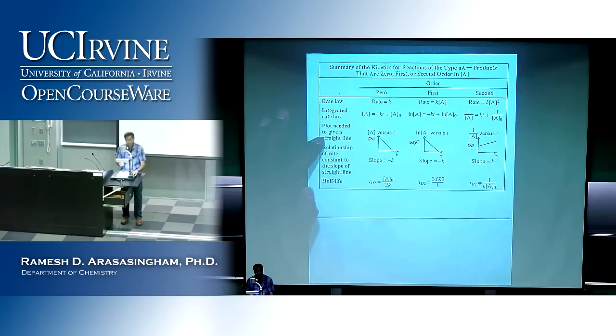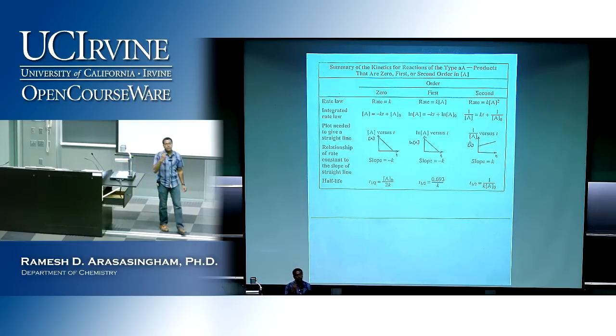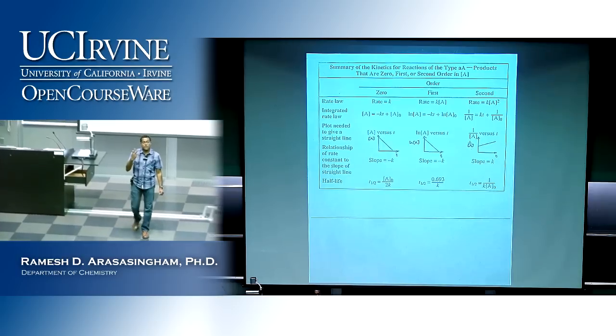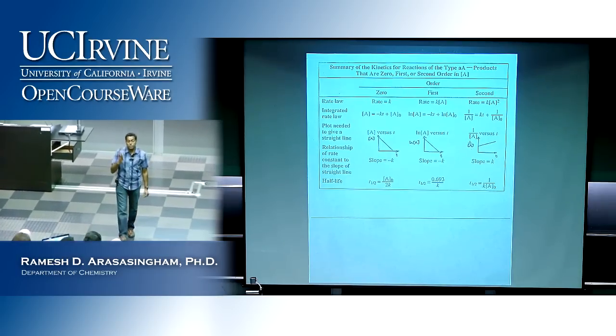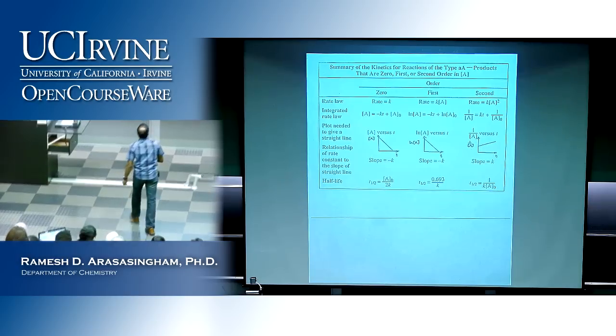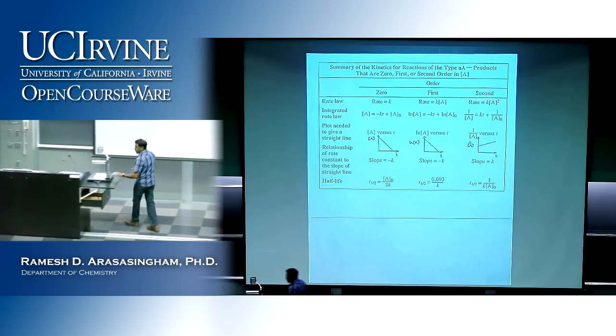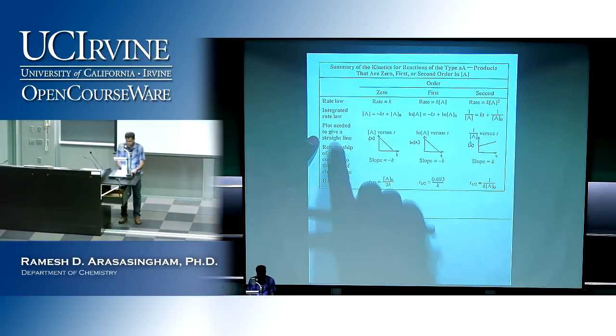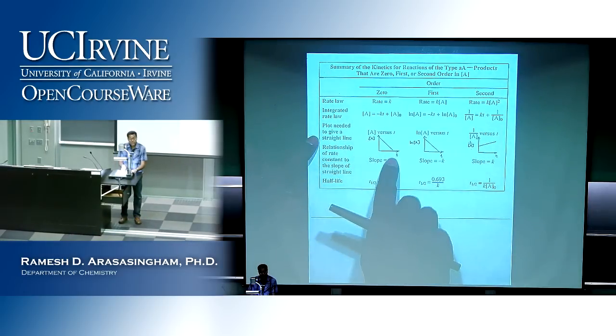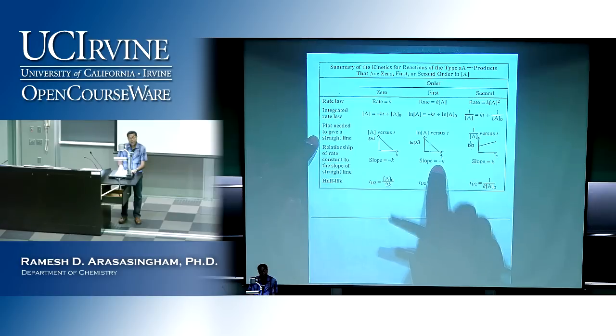Okay? Now the plot needed to get a straight line, because remember, we're going to determine whether a reaction is first order, second order, or 0 order based on which plot gives you a straight line. So for 0 order, A versus t will give you a straight line with a negative slope. Okay, so the slope will be negative K. For first order, ln A versus t will give you a straight line graph with a negative slope.